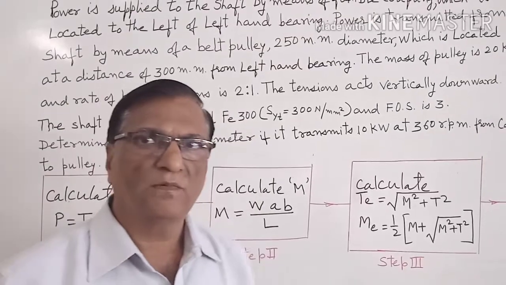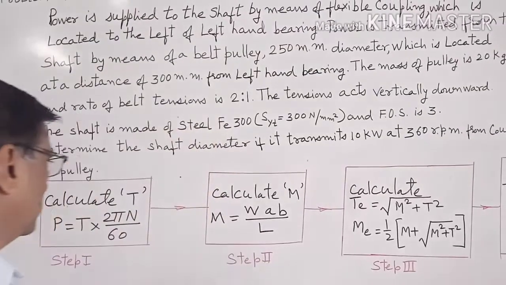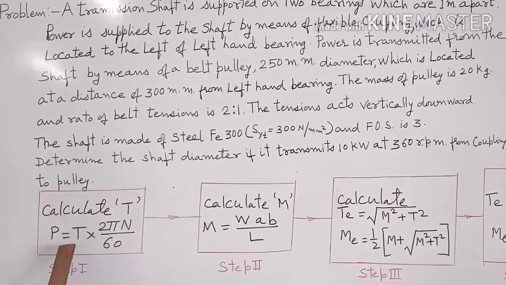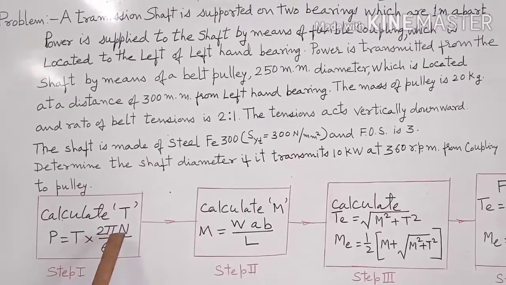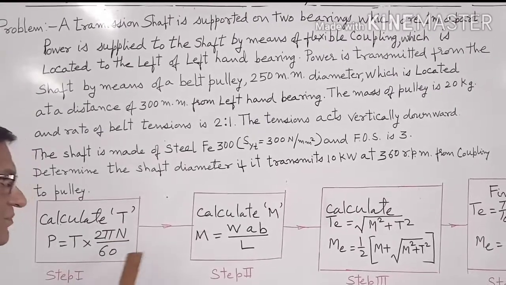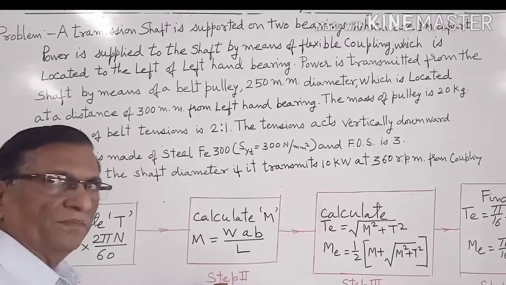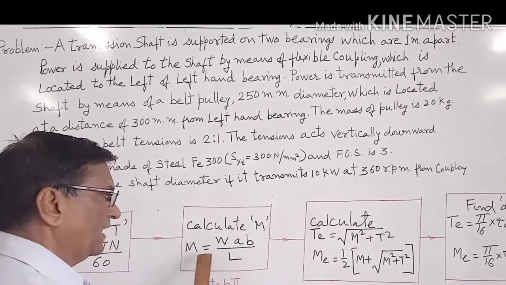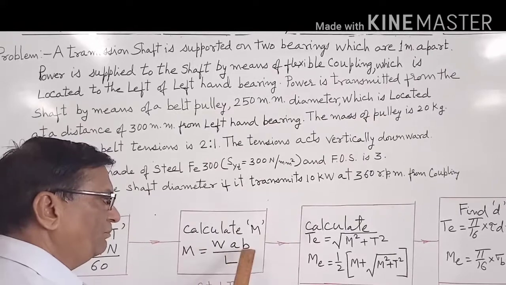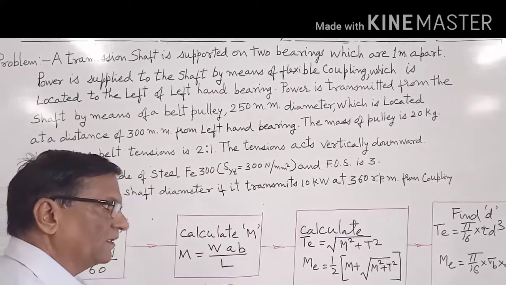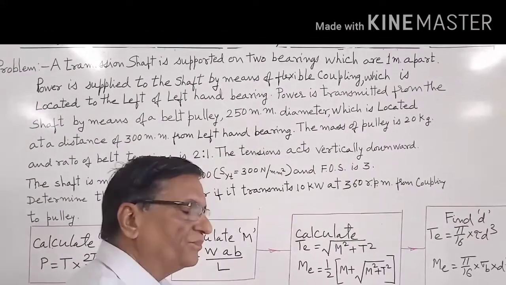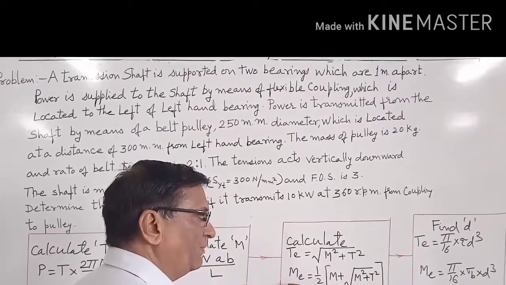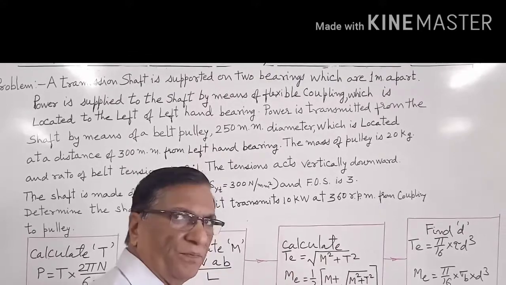Now we will proceed with the problem step by step. The first step, calculate the torque by the formula P is equal to T into 2 pi N upon 60. Then second step, calculate the bending moment M by the formula W A B upon L. Then third step, calculate equivalent torque and equivalent bending moment by this formula.